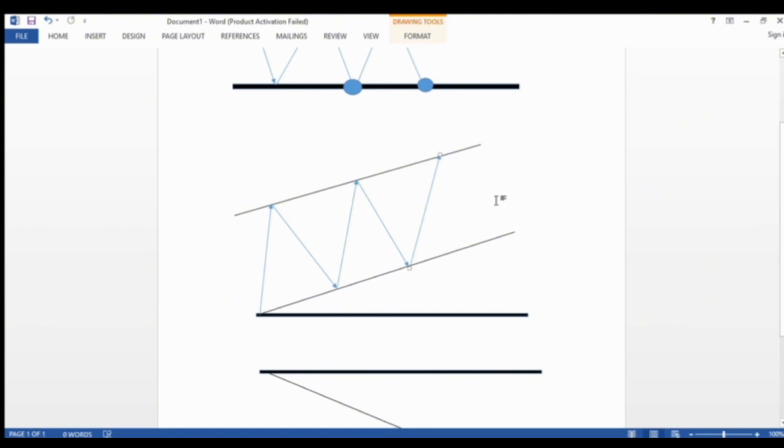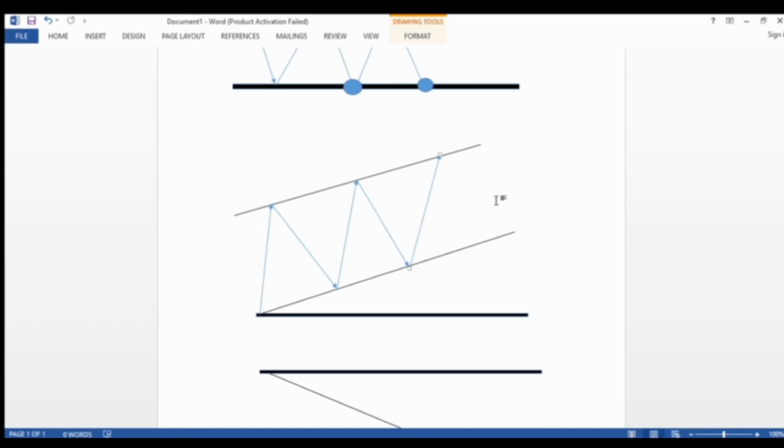You get my point. And then in a rising channel, guys, you need to understand that the buyers are stronger than the sellers, because it is a buying market, it is an uptrend, it is a rising channel.